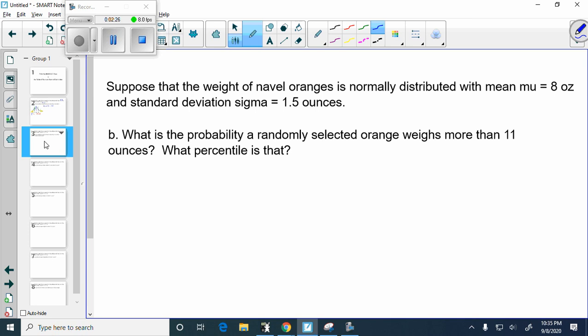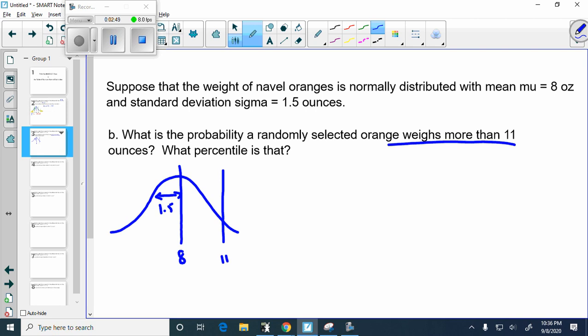Same question stem for all of these problems, but now we have an orange that weighs more than 11 ounces. So I'm going to make my graph a little more efficient and show you how to standardize this. I've got a mean of 8 and a standard deviation of 1.5. Now this 11 goes up here, and I'm trying to find the distance above it.